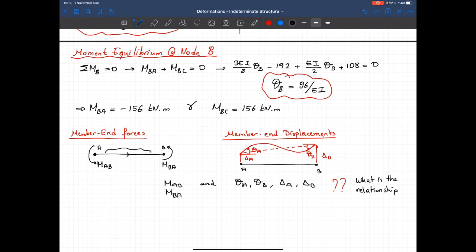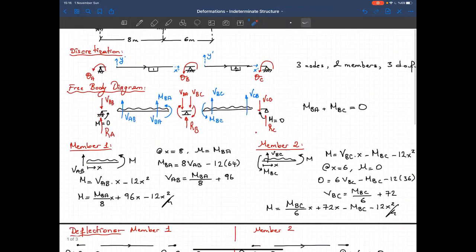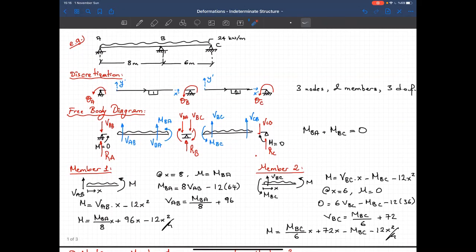Let's repeat. Why do I need that? Why am I trying to relate MAB with the end rotations or end translations, or MBA with the same member end displacements? Because this solution procedure shows me that at the end of the day, in order to analyze an indeterminate structure, I will be using the end displacements and the end forces, right?